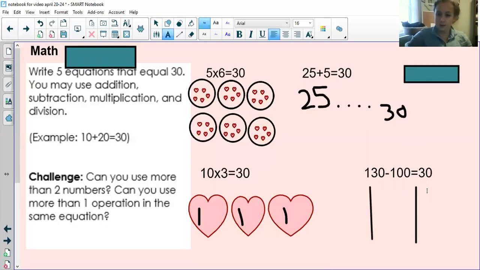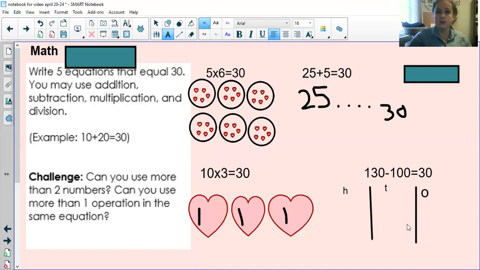These are my ones. Right here's gonna be my tens. Okay, the middle column is my tens, and then this one's my hundreds, okay?